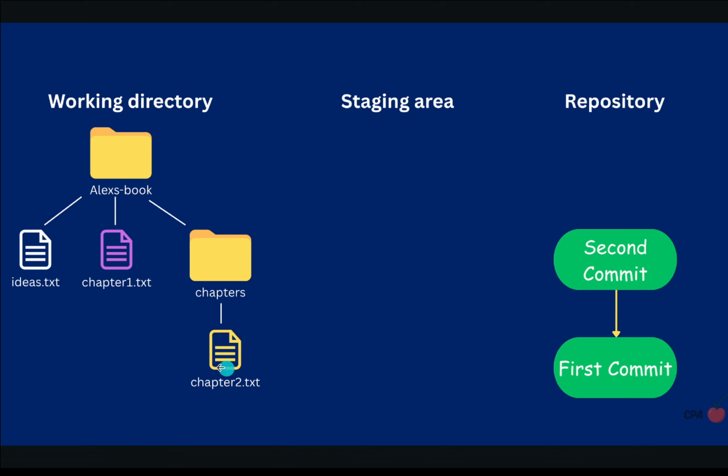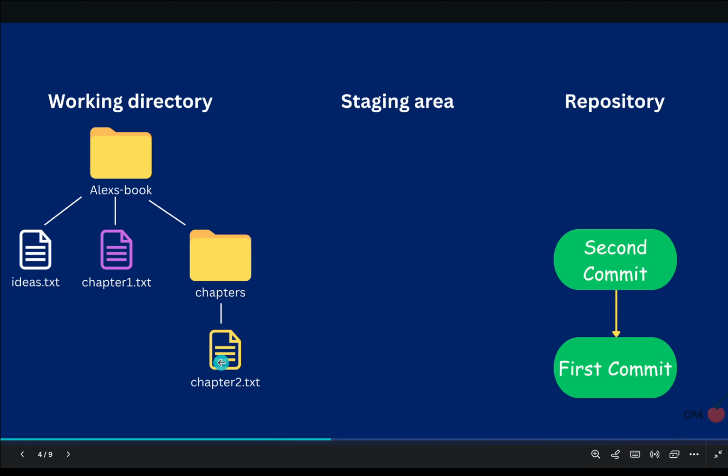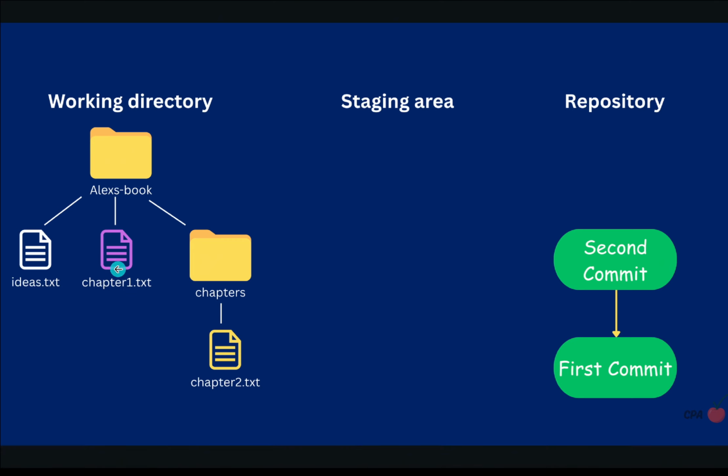She has added a new paragraph on chapter 2, which is now complete, and she wants to save these changes. She wants to commit these changes to have a snapshot of it. But she doesn't want to commit the changes in chapter 1 because it's a work in progress. She has not finished yet what she wanted to finish. So she has changes for these 2 files, but she only wants to save the content of chapter 2.